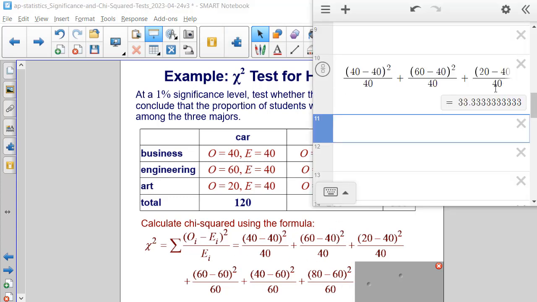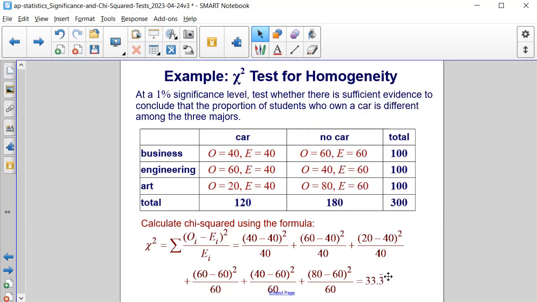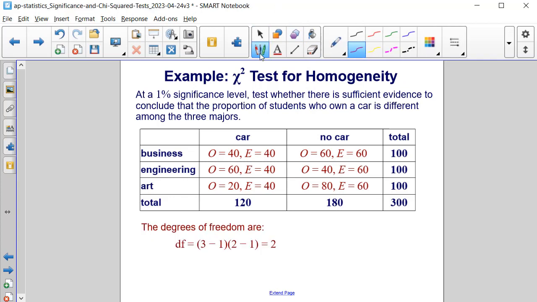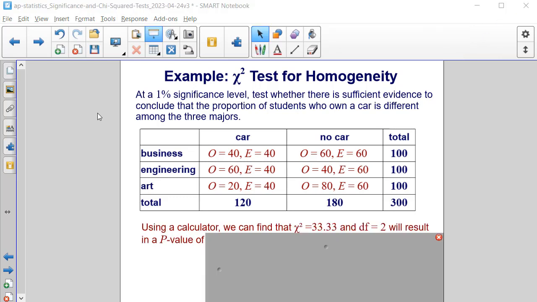And if we type this into a calculator and evaluate, we get an answer of 33.3 repeating. The degrees of freedom in this problem are 3 minus 1, which is 2, times 2 minus 1, which is 1, and 2 times 1 is equal to 2.